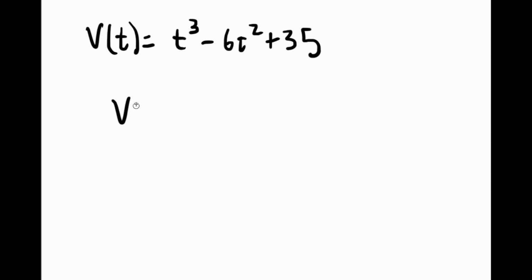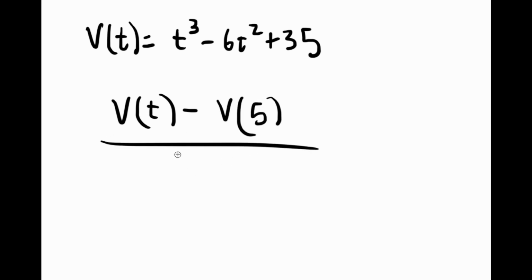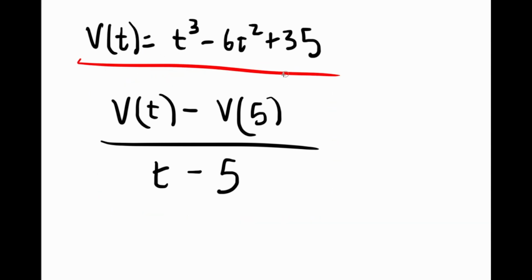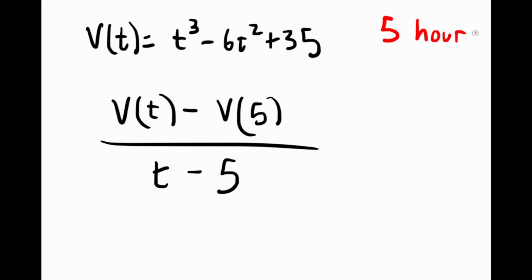So we're going to find the volume of this balloon after 5 hours. So it's going to be v of t minus v of 5, divided by t minus 5. This is how it would be represented if we're trying to find after 5 hours.